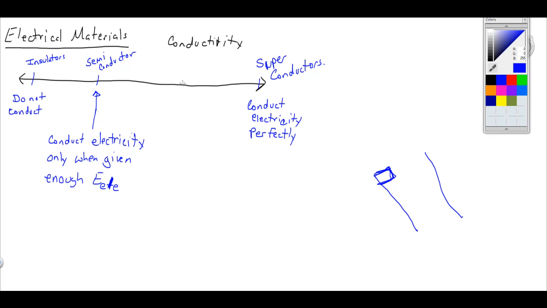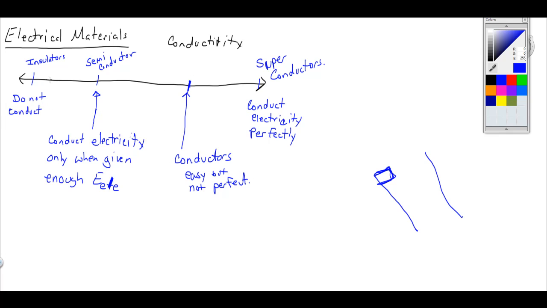All right, here we have the range of what we call normal conductors. Now conductors allow electricity to move easily, but not perfectly. So these are easy, but not perfect. The majority of copper, gold, and aluminum fall under conductors.